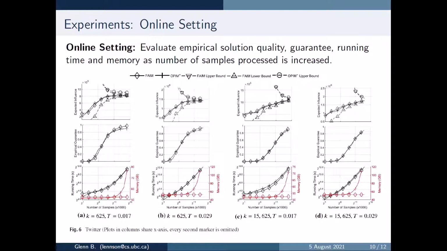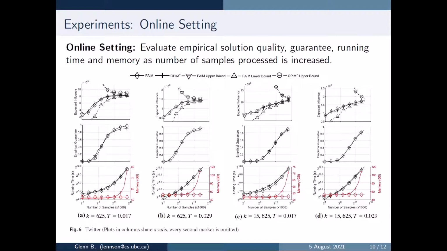Second, the empirical instance guarantee that we're able to certify turns out to be noticeably better than that OPIM can provide. This can be attributed to the upper bound on the optimal solution that we attain from the fractional relaxation is empirically tighter than the upper bound that OPIM can produce based on the greedy solution. It's also important to note that the empirical guarantees that both algorithms are able to certify exceed the theoretical worst case guarantee by a very large margin.